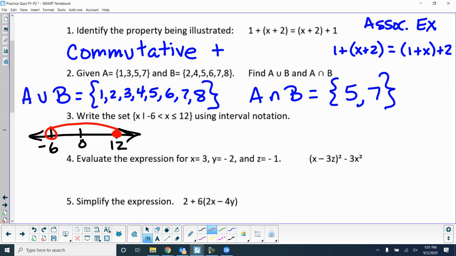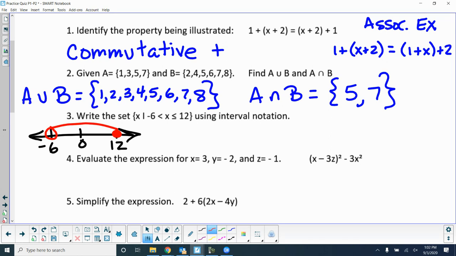Okay? That's set builder. You always start with the set brace, the X, and the line, and then you just do an inequality. So maybe I'll give you this picture tomorrow, and you have to give me that for set builder. For interval notation, that's when we have the parentheses and the brackets. The parentheses mean we're not including the number.